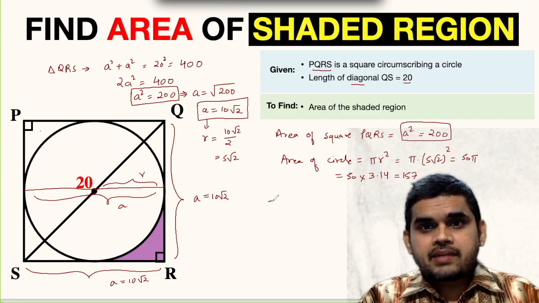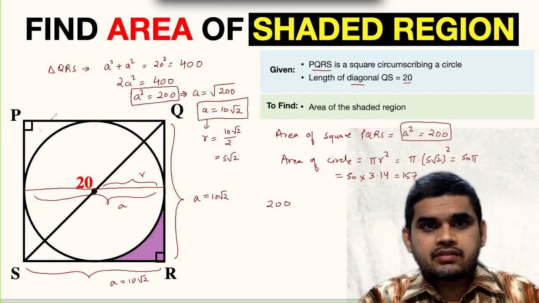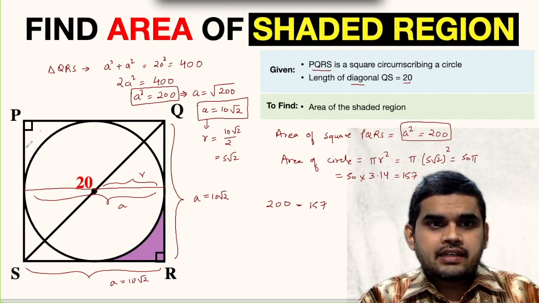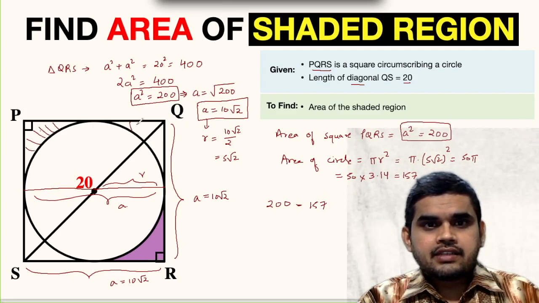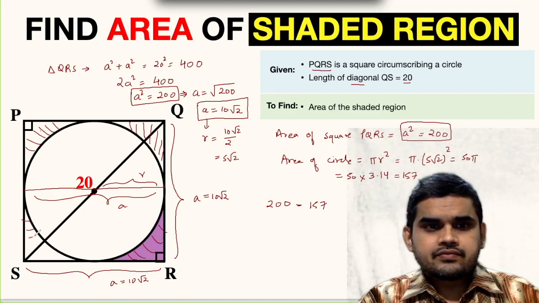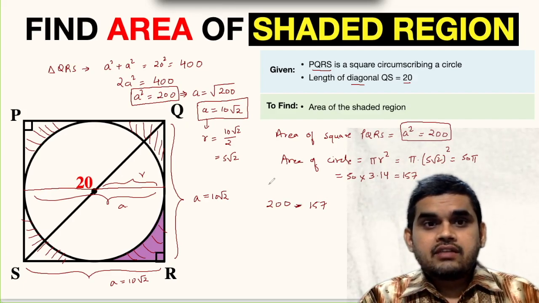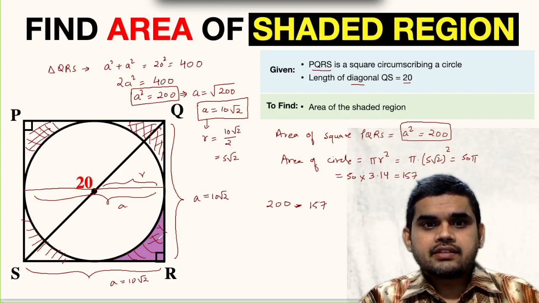Now if we subtract the area of the circle from the area of the square, we will get this area. This area will be left. So 200 minus 157 will be the area of these four shaded regions.